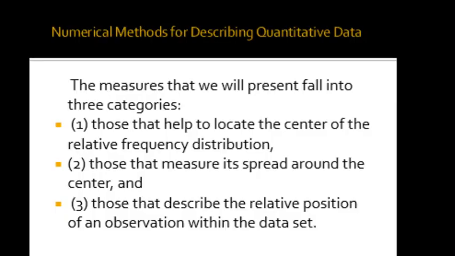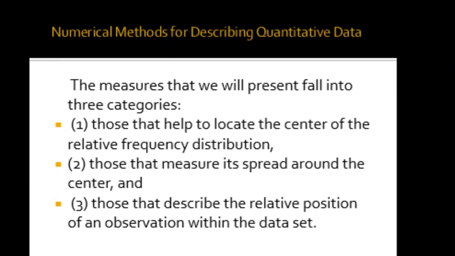So in the previous lecture, we discussed some graphical methods for describing quantitative data. Let's look at some numerical methods to describe quantitative data. We can basically divide it into three categories. The first are measures that will help us locate the center of the frequency distribution. The second will be measures of spread, how spread out the data is.